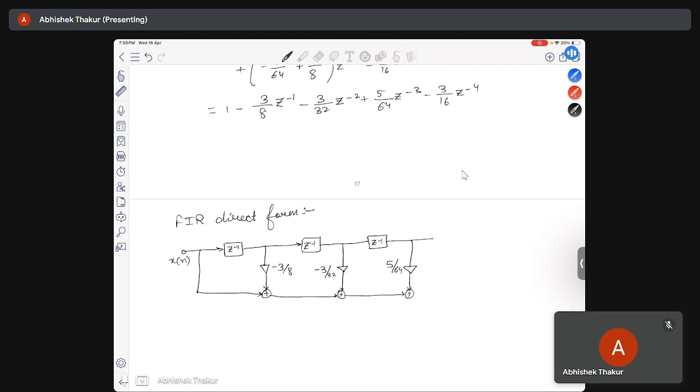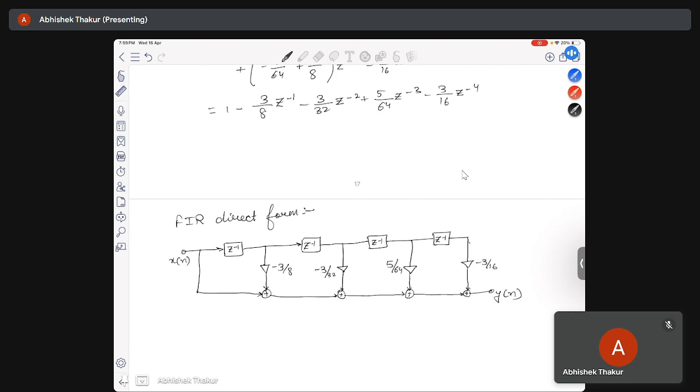Then again z^-1 will have -3/16. So this is the direct form realization.